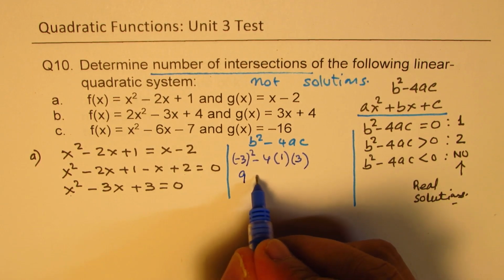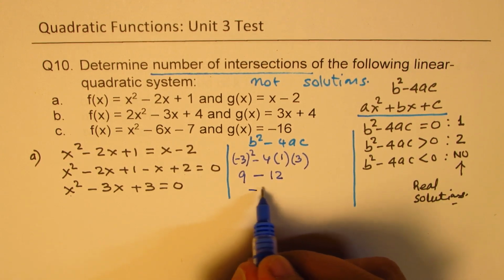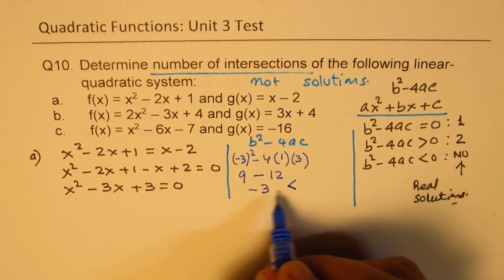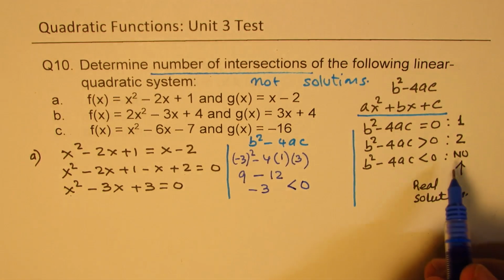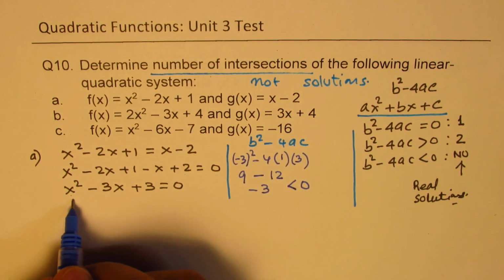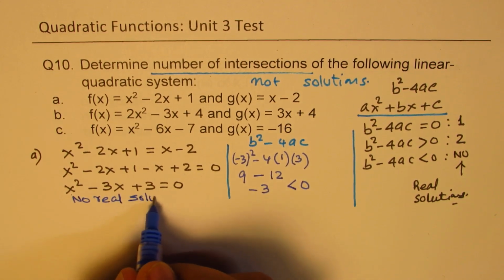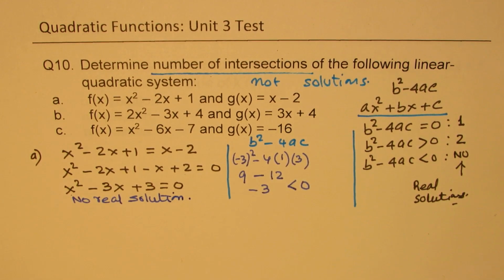So which is 9 minus 4 times 3 is 12. So 9 minus 12 is minus 3. Now since this is less than 0, that is this condition. So for this particular case, we have no real solution. Is that clear to you?